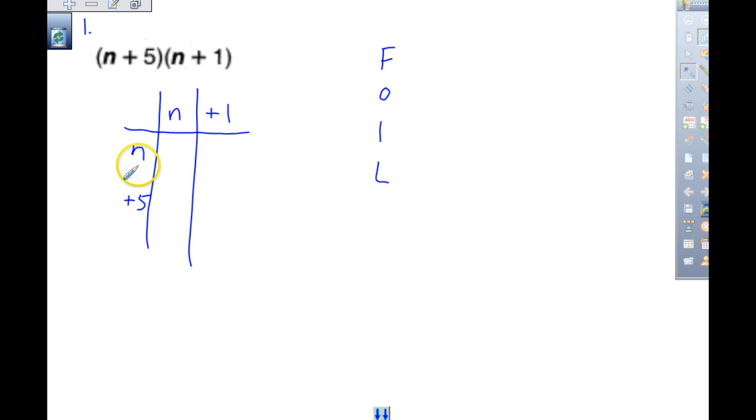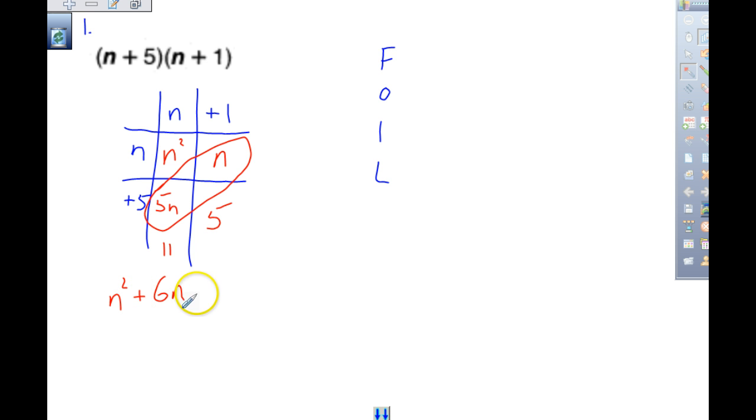One way or another, you have 4 multiplications to do, and then 1 simplification. 1, 2, 3, 4, and then on the diagonal, 1 simplification. So we have the n squared, the plus 6n, the plus 5.